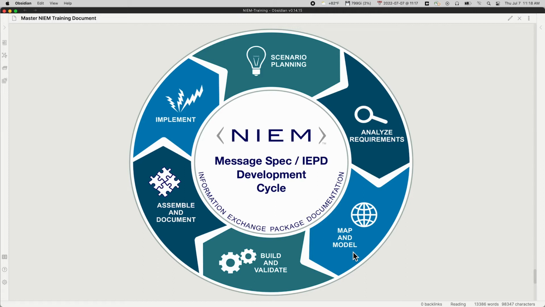So how do we go and find them in NIEM? How do we represent these things in NIEM? Build and validate is actually making the schemas representing the business concepts being mapped to NIEM. So that's all about making schemas. Then there's assembling and documenting. That's getting all the documentation together and putting it all together. And then the last step is implementation. Implementation is actually writing the code.